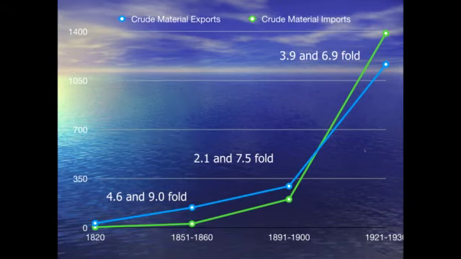If we break that down into different sections, we can see crude material imports and exports. Again, a positive economic trend, but as you can see here, when we get towards the end of the time period, we end up seeing that crude material imports start to outpace crude material exports by the time we get to the Great Depression.